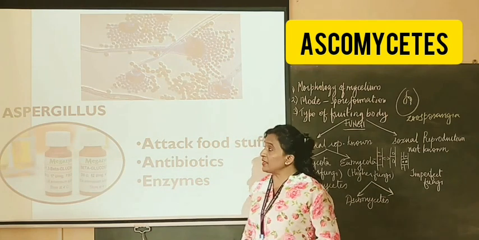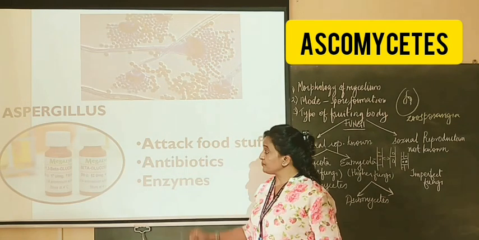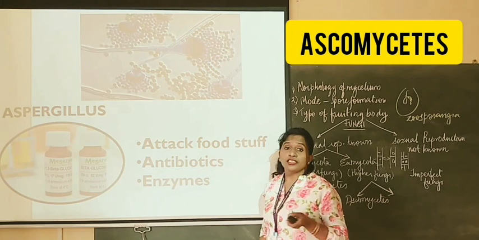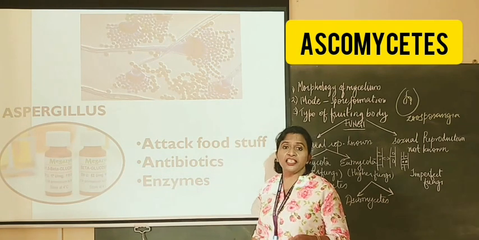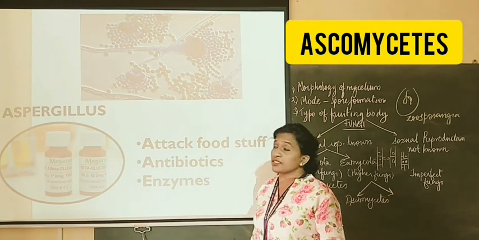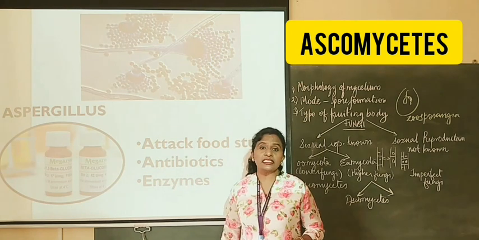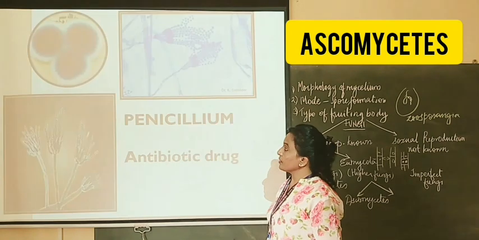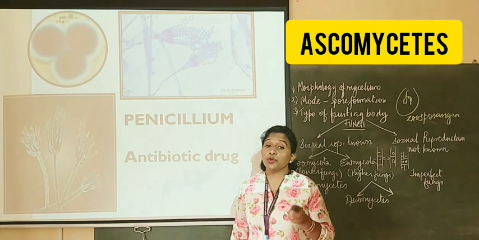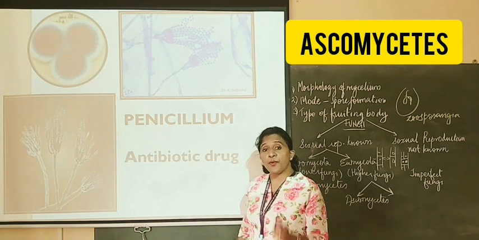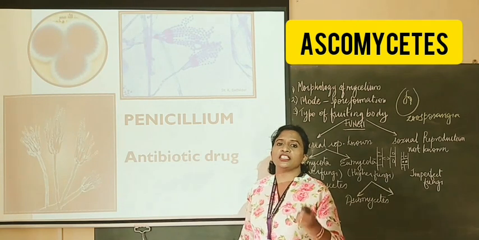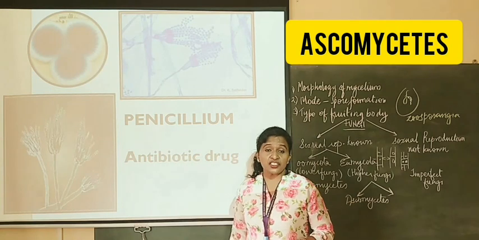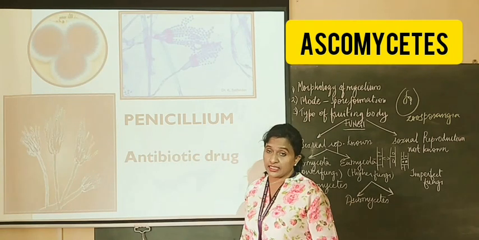So the examples here are Aspergillus, that attacks foodstuff, but various antibiotics and enzymes can be extracted from this fungus. Penicillium notatum is one of the important fungi for antibiotic production, that is penicillin.